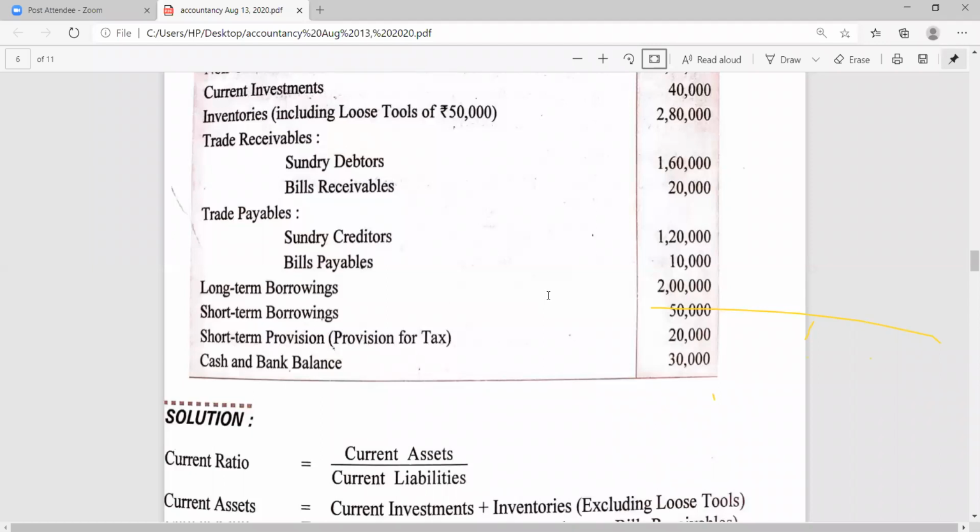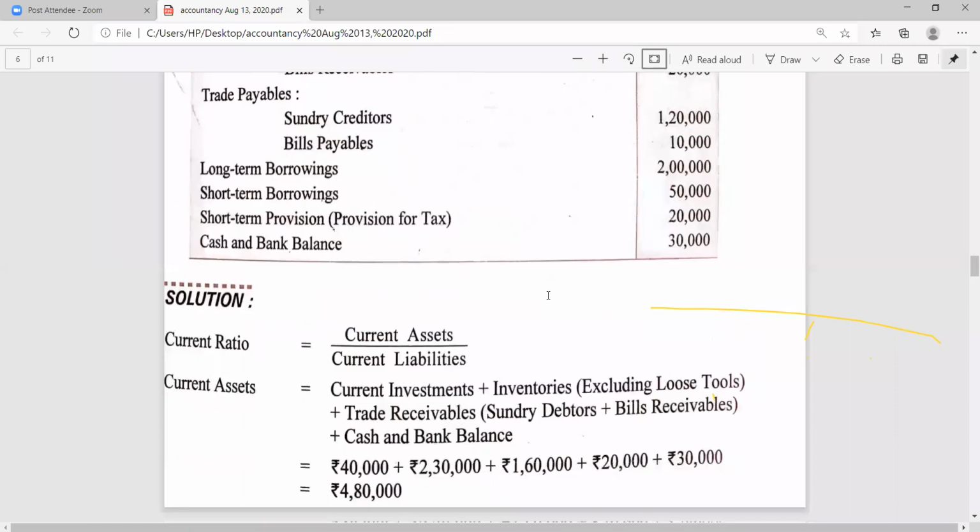Inventories are 2,80,000. We have to consider the inventories, but the loose tools are not to be considered. So 2,80,000 minus 50,000, we will have 2,30,000 as inventory. You can see in the solution as well, 2,30,000 are there.